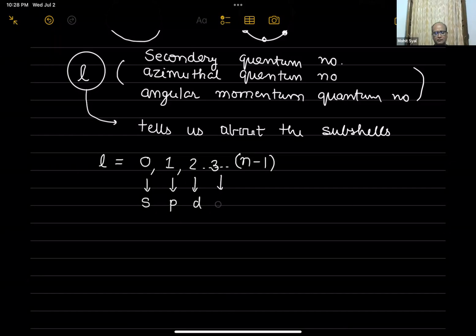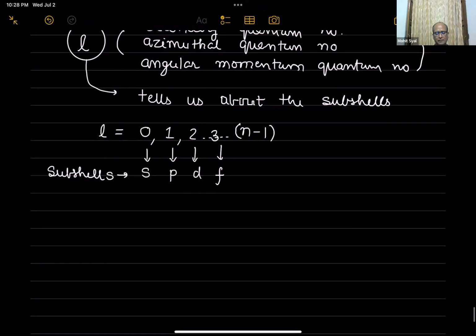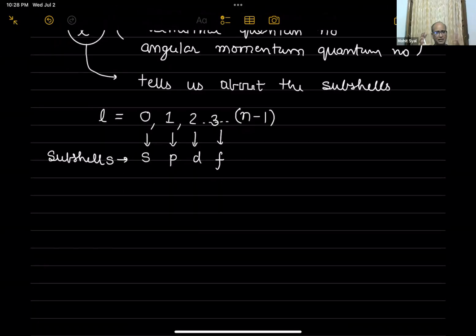Getting my point or not? So these are the subshells. How many subshells can there be? Ultimately, we do not put those 8 electrons in a circle; we are going to group them in subshells.